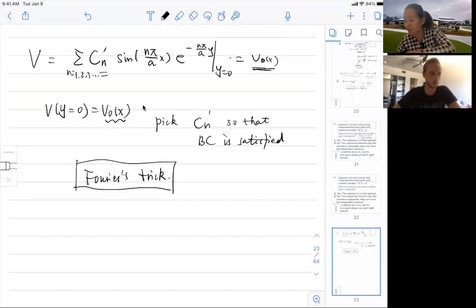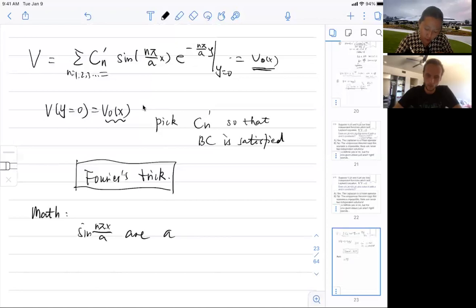Before we do that, there's a little bit of math that I want to briefly mention. The sine functions are a complete and also orthonormal set of functions.